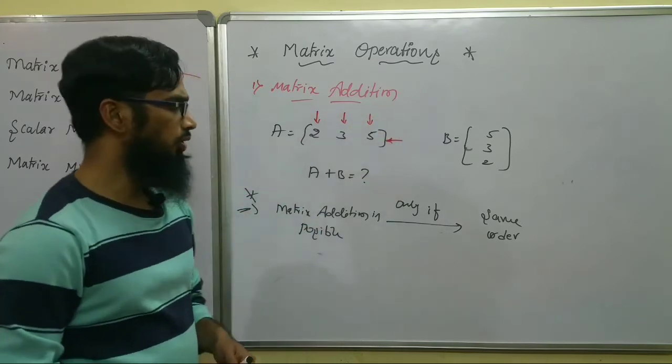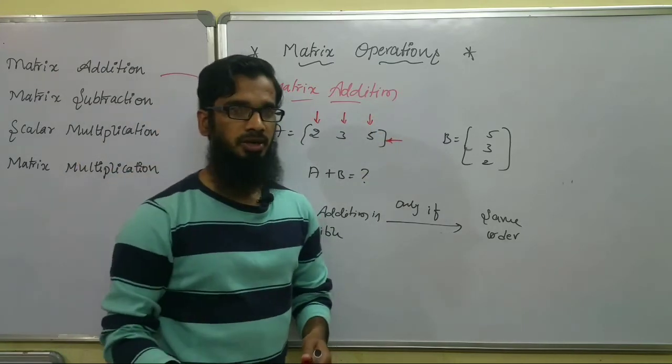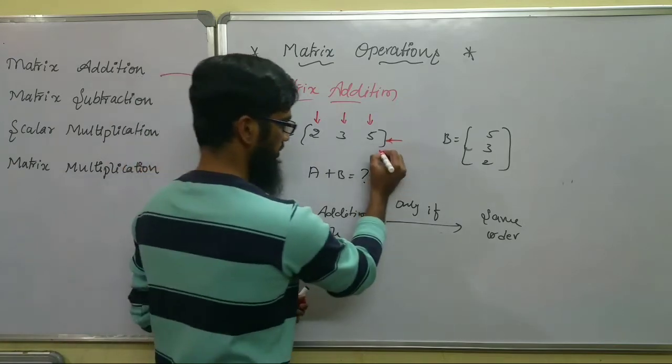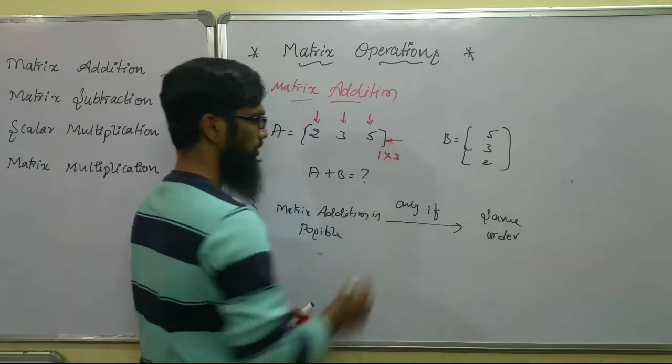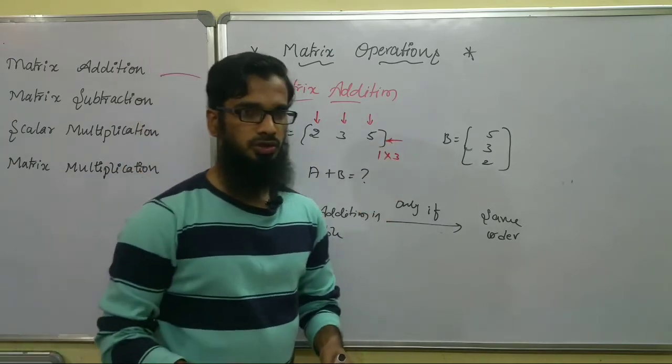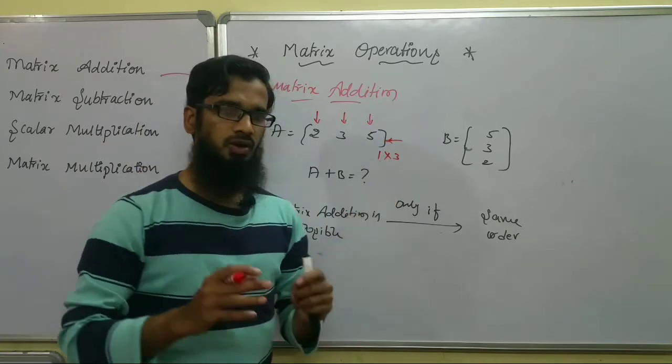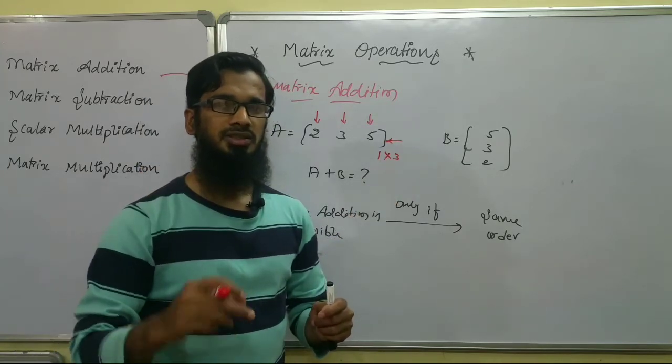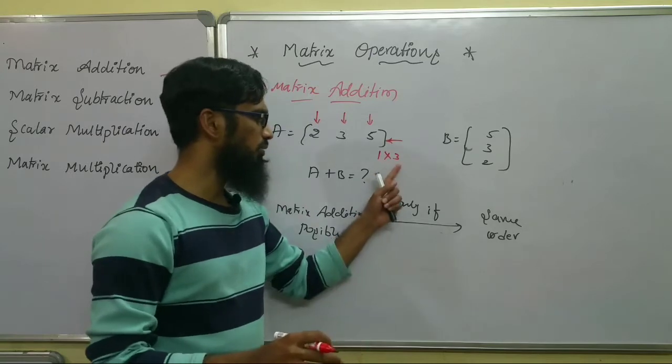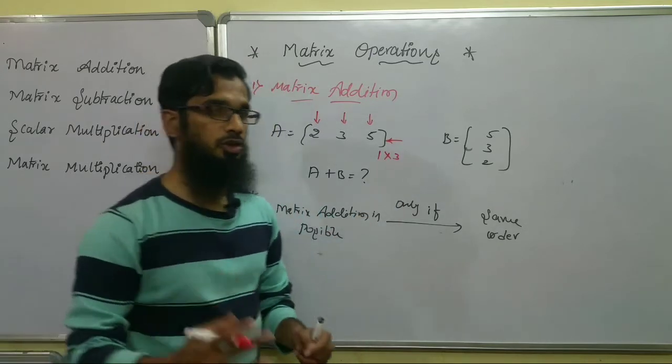The order is 1 cross 3. The first number always indicates the number of rows, and the second number indicates the number of columns.